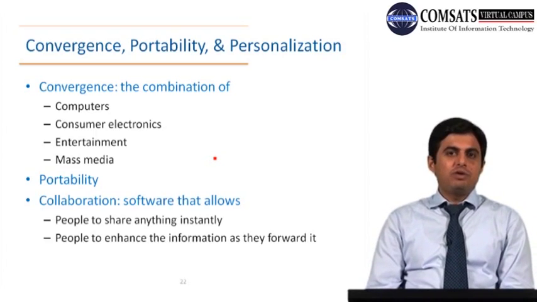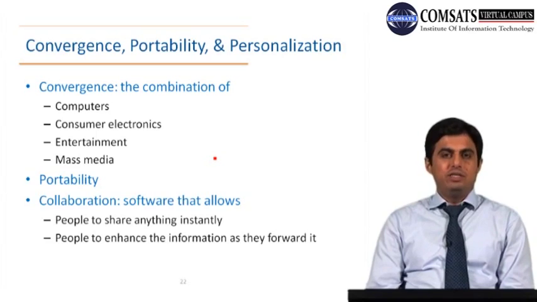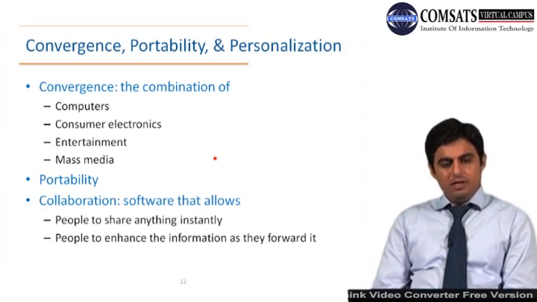So basically it's not only a mobile, it contains all the capabilities of a computer and other information technology devices. So convergence means that all these technologies are converging together and they are coming in one device. And mobile is a prime example of such a device which has convergence of a lot of other technologies.